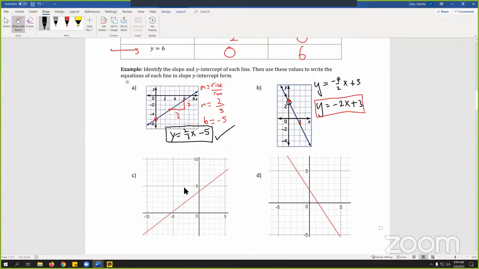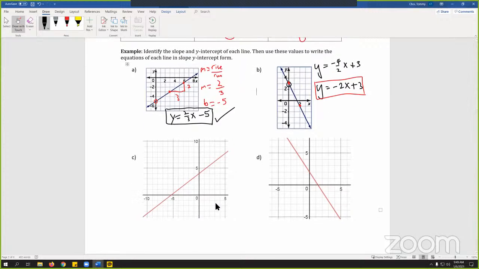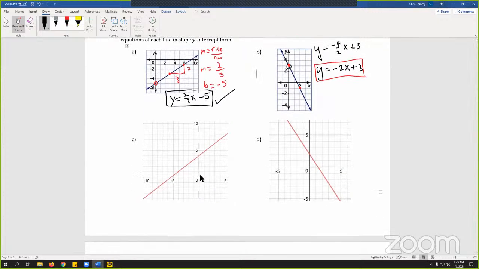All right. Elia, you said you wanted to do C. So, Elia, what did you get for question C? What is the equation of the line? Y equals?